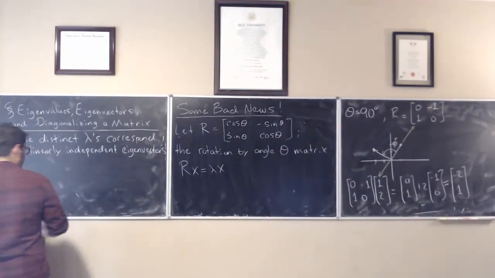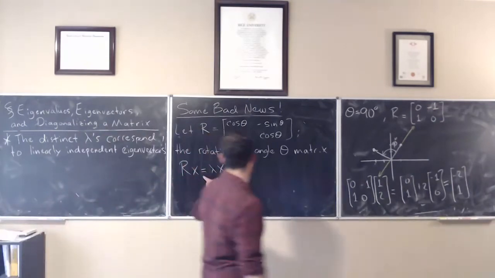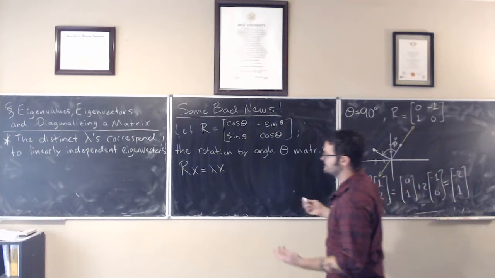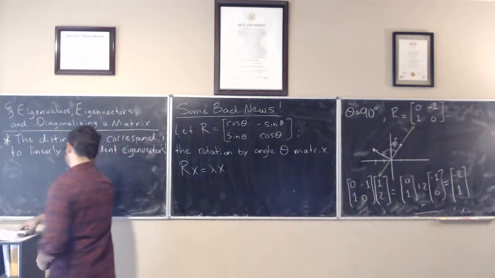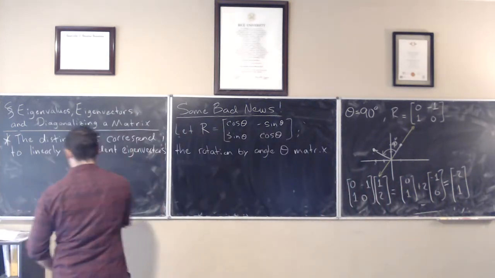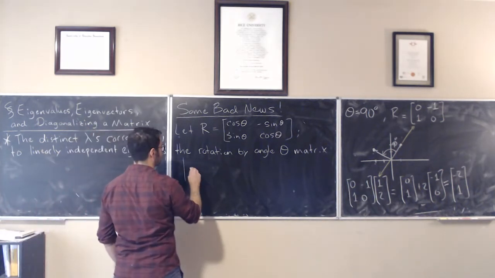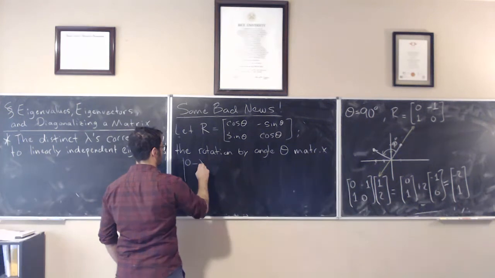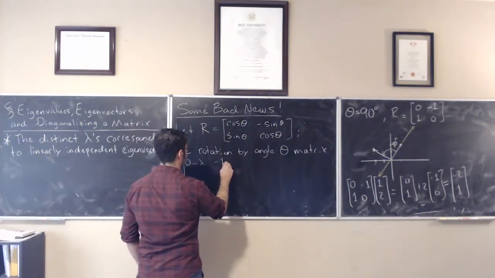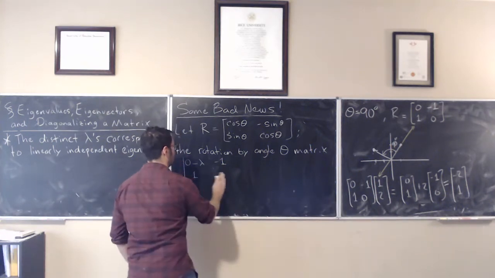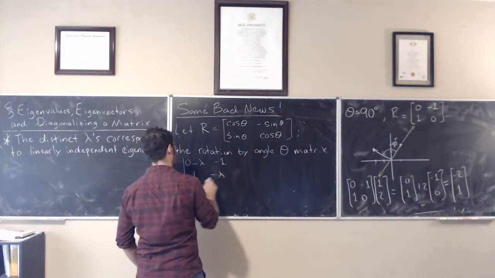So let's try to compute for this matrix here. Let's try to compute the eigenvalues and see what happens. So as before, we set the determinant equal to 0. So 0 minus lambda, minus 1, 1, 0 minus lambda, or just minus lambda.